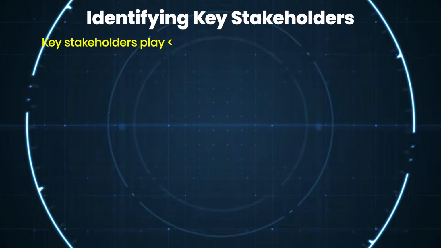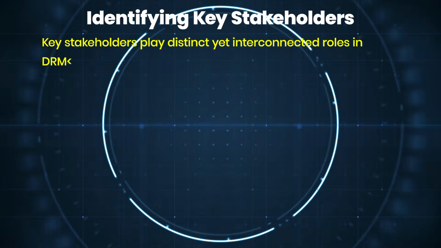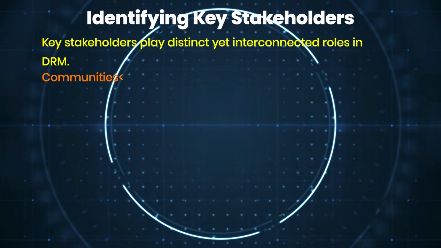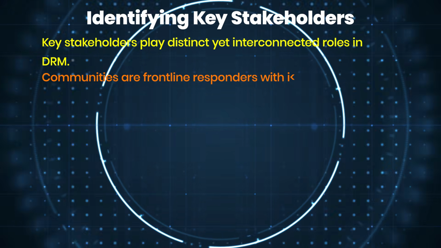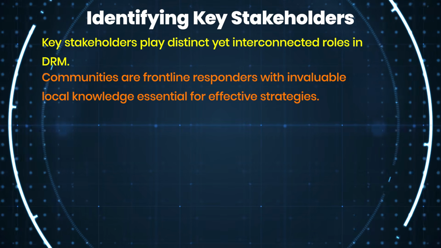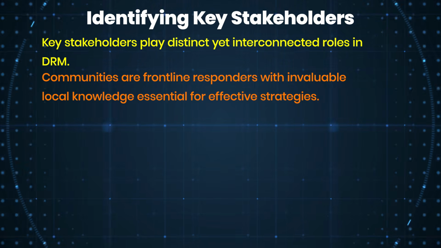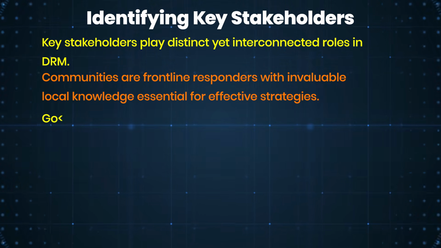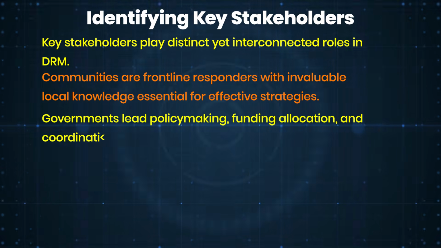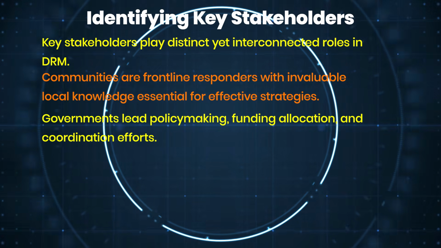Now let us talk about identifying key stakeholders. Key stakeholders play a very important role in disaster risk management. Communities are the frontline responders, rather you can say the first responders, with invaluable local knowledge, and it is essential for effective strategies. Governments lead policy making, funding allocation and coordination efforts.